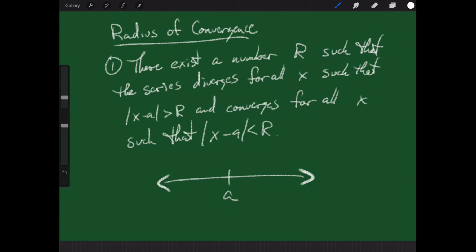And what we're saying is if I move R away from a, so this is a plus R, and if I move R away from a in the other direction, a minus R, then in this interval, the power series converges for all those x values. If you're outside of the interval, if you're out here, or you're out here, it diverges.